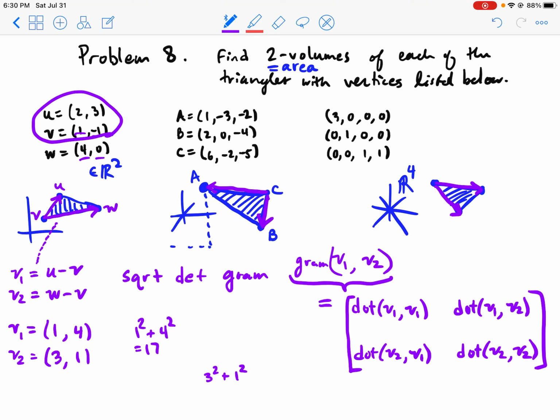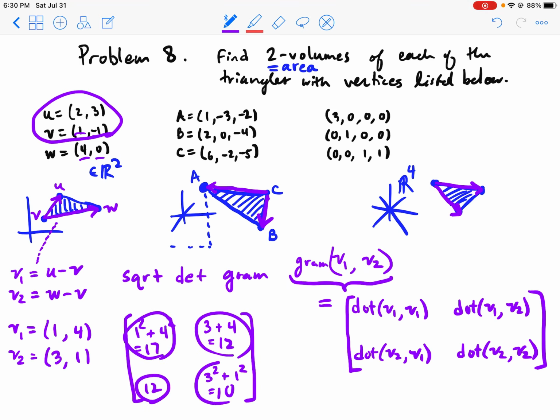So that's 9 plus 1 is 10. Now the dot product of V1 with V2 is going to be 1 times 3 plus 4 times 1, that's 12. And it's symmetric, so we already know that that's a 12. So here's our matrix of 4 numbers.